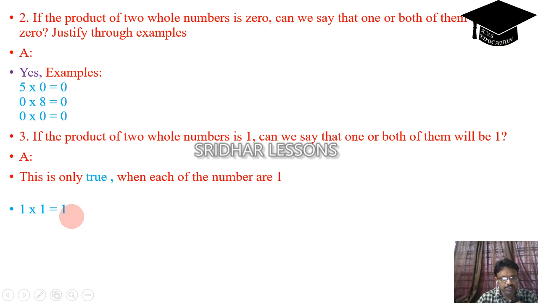That is 1 into 1 is equal to only 1. If we multiply any number with 1, we will get that number only. Try to see the difference between these two problems. For two whole numbers with product 0, any one can be 0 or both can be 0. But for two whole numbers with product 1, both numbers should be 1, 1 into 1 is equal to 1.